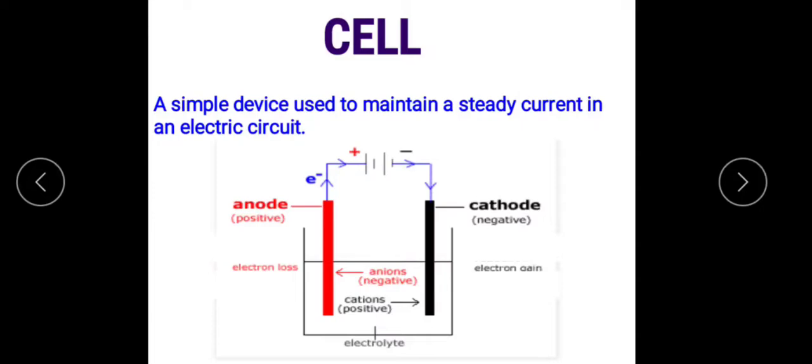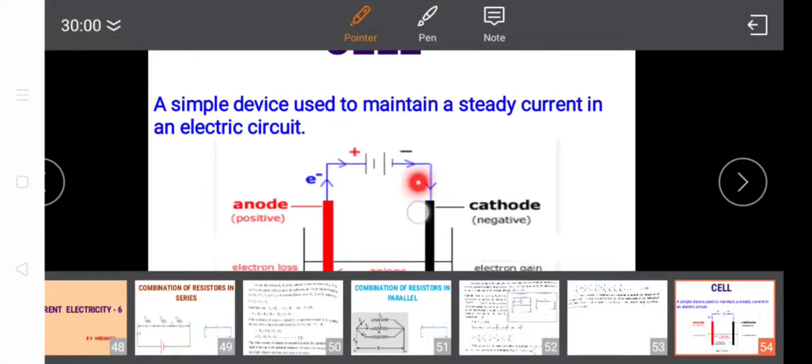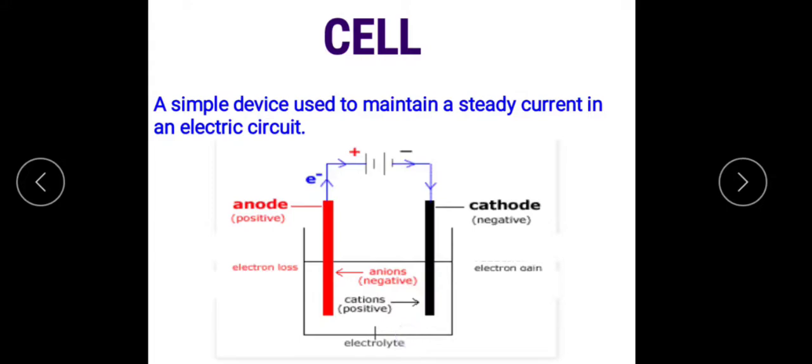When immersed in the electrolytic solution, the electrodes exchange charges with the electrolyte. This electrode loses electrons and this electrode gains electrons. Electrons are nothing but charges.